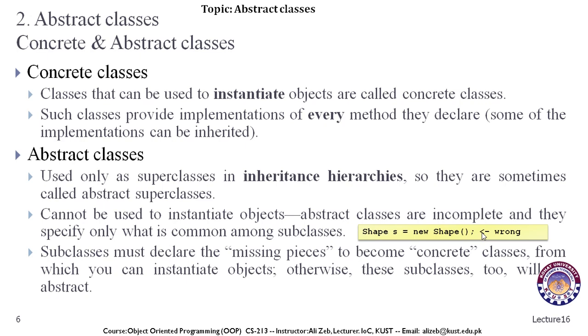If it does not, we will get a compiler error. Alternatively, we will need to declare the subclass as abstract as well, so that it has its own subclass or subclasses that implement the methods of this abstract subclass.